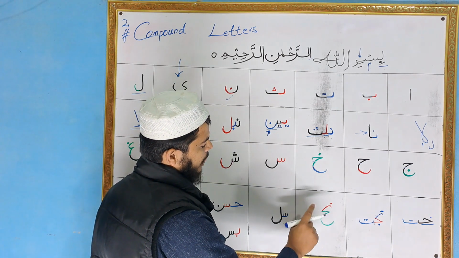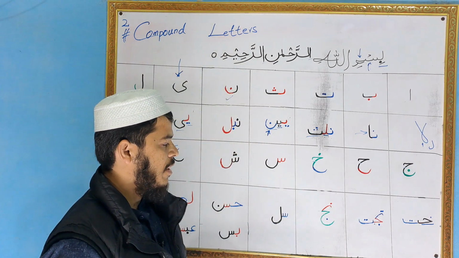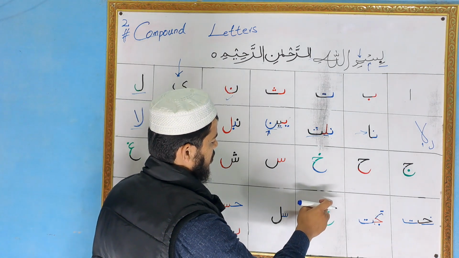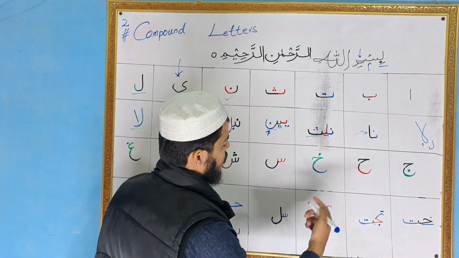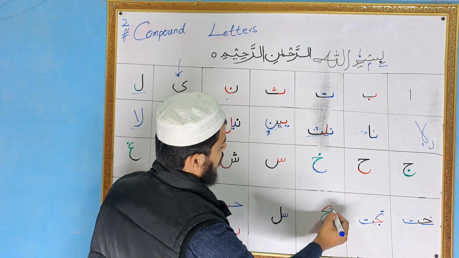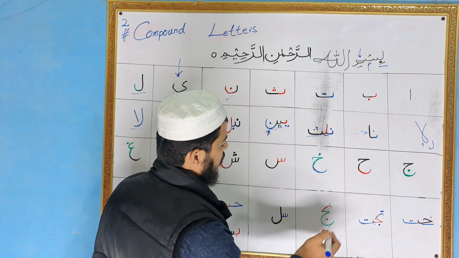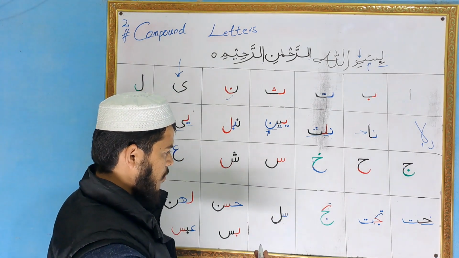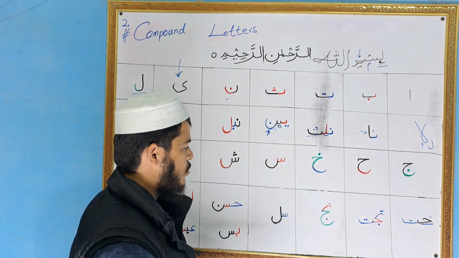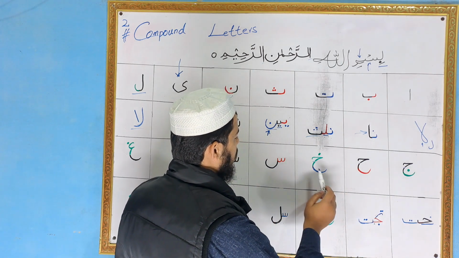And one dot in the center will be considered as noon, jim. So as you know, we can convert this noon into ba as well, ba jim, into ya as well, ya jim, into ta as well, ta jim. We just change the dots and it will be a different letter. So we have learned all the shapes of jim, ha and kha.